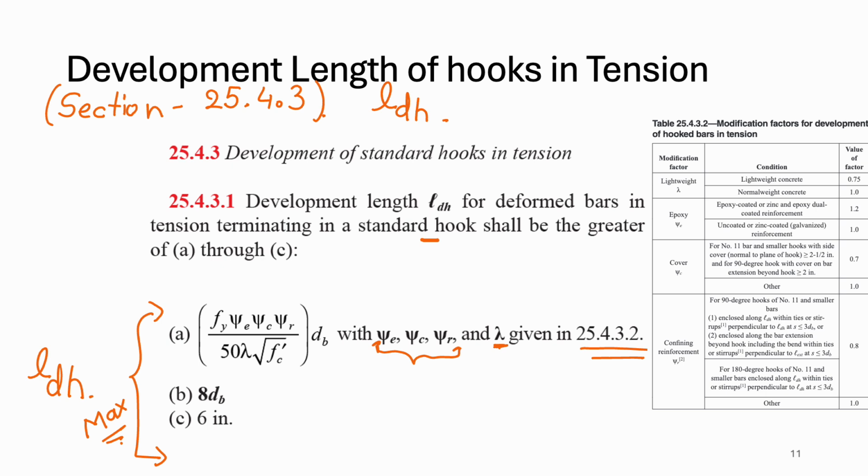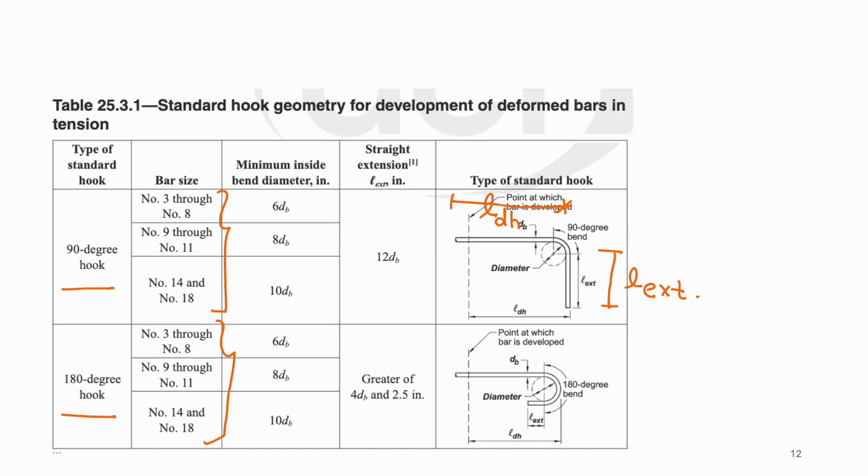These are modification factors for development length of hooked bars in tension, and depending on your condition, you will determine your values. And again, you have here 8 times the diameter of the bar, and 6 inches, so we are using the maximum of the 3.